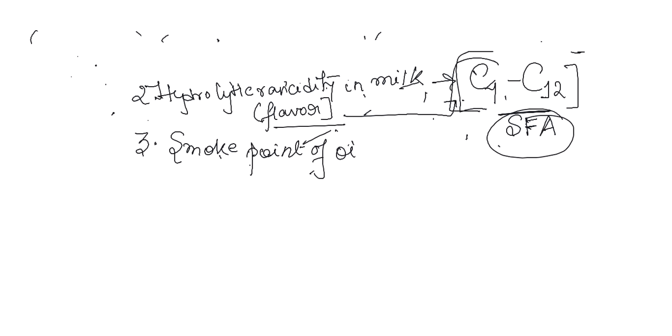Another one is oxidation, or auto-oxidation. You need to have a little concept about that. I have taken one point: the smoke point of oil usually decreases when lipolysis is taking place. That means what happens?